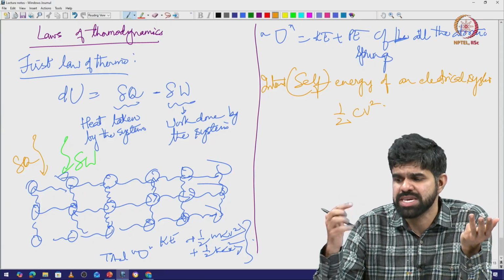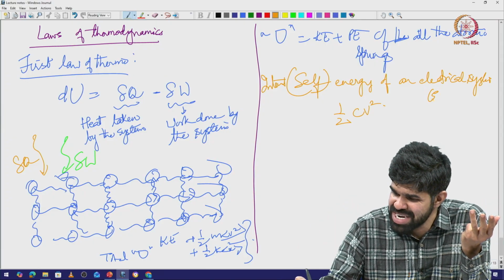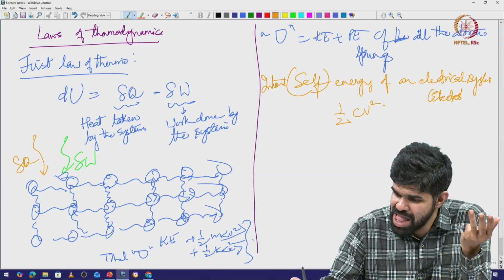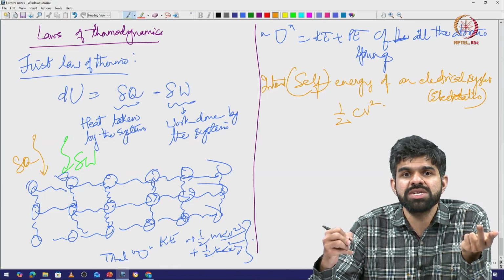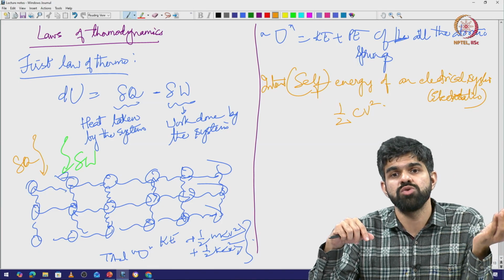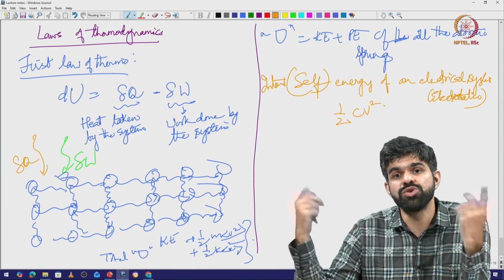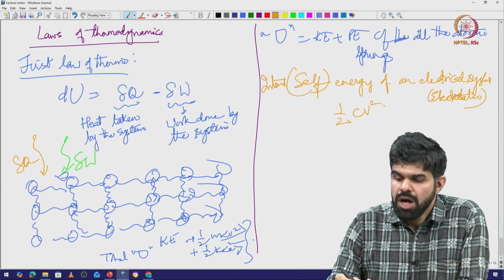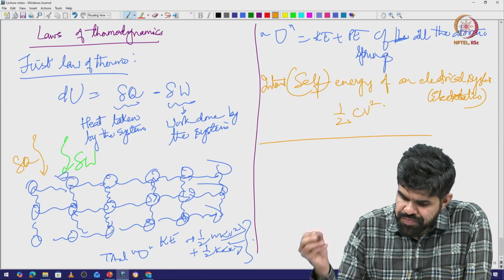It can be electrostatic, so electrical system or electrostatic system, right. It can be magnetostatic, it can be just the spring mass model of an atom, right. So whatever it is, any system has some internal energy, and the way I change the internal energy of that system is by putting in heat or taking out heat or doing work or making it do work on the surrounding. Okay. All right.